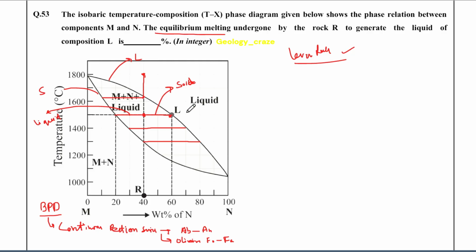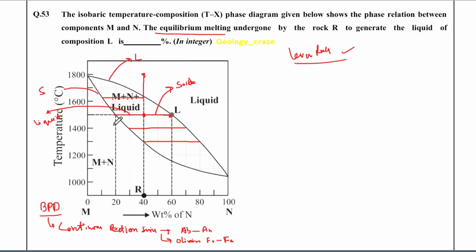You should have some idea when we will use the lever rule: when these numbers are in decimals, like 48.43, to calculate the accurate number. How we will do that, I will tell you.